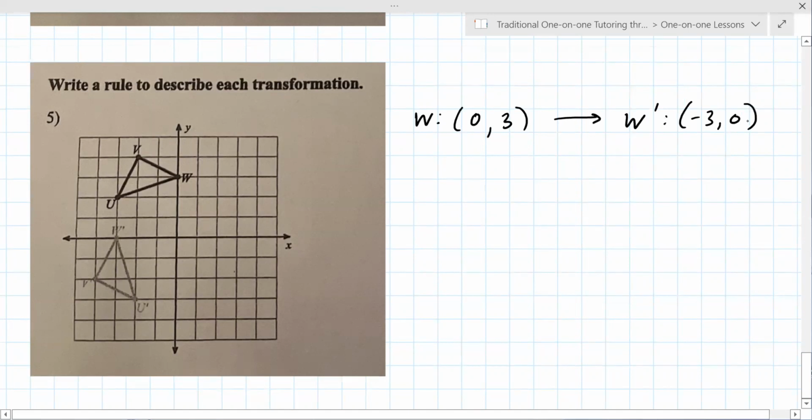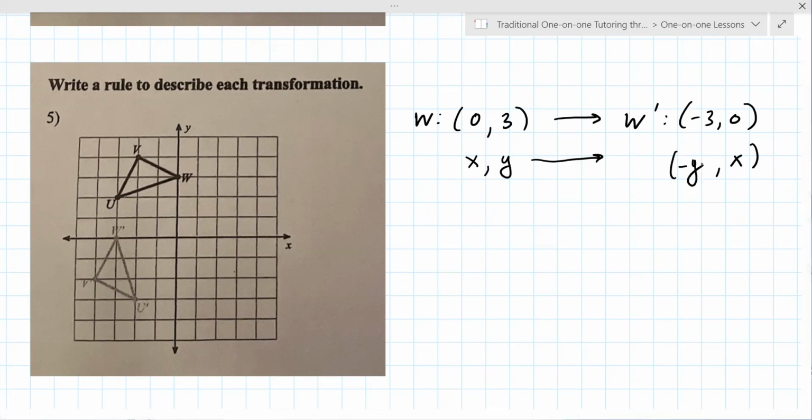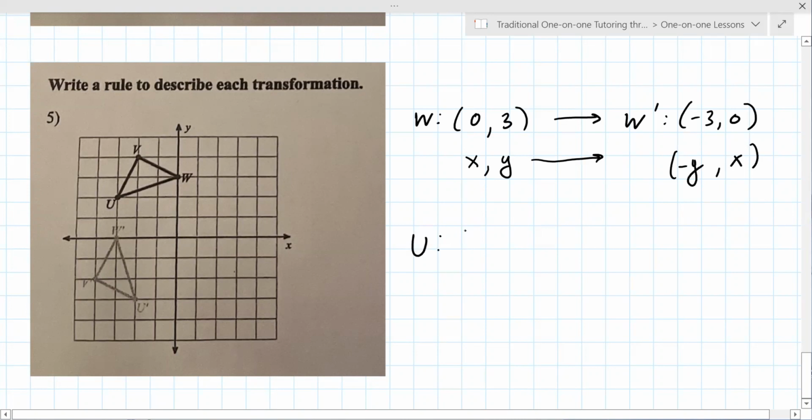And then what you're supposed to do here is figure out how it went from the original (x, y) to W prime. We'll notice that the x value is now in the y position, and the y value of 3 is just negated, but it's in the x position. And that shouldn't surprise you because we've been doing a bunch of these rotation ones. But then what we're hoping for is that the others are also the same. We can't just say, oh yeah, that's it, I've got it.